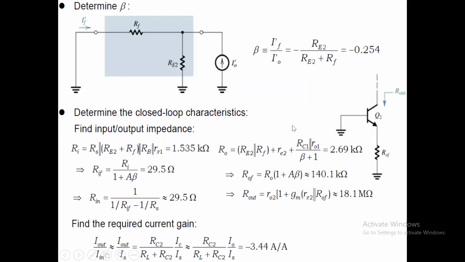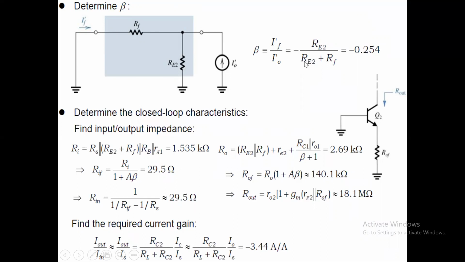To find the value of beta, the input side, the feedback point rather should be connected to ground, and we have RF and RE2, and I naught dash will be the sum of the currents which are flowing through this, current like this and current like this. Now this current and this current are reverse, so therefore the IF dash will be minus of the current in the other arm, RE2, divided by the sum of the resistors.